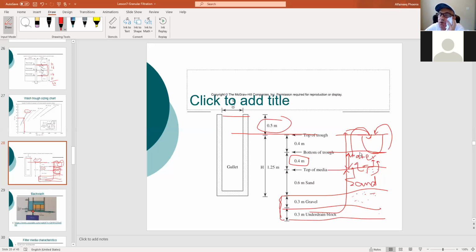This is why you have this kind of space of water. You cannot put the sand here. It's going to go inside and you're going to lose the filter. What you are going to discharge here with backwash is the dirty water, not the sand.